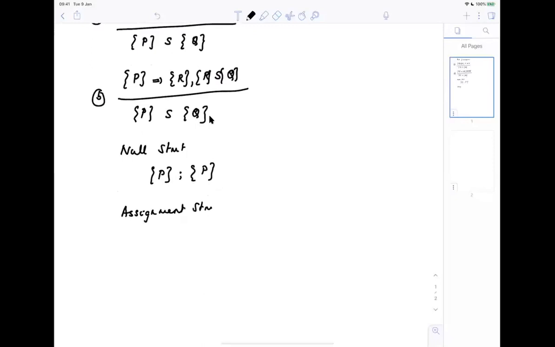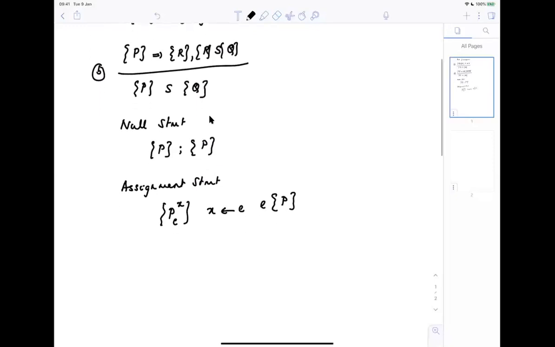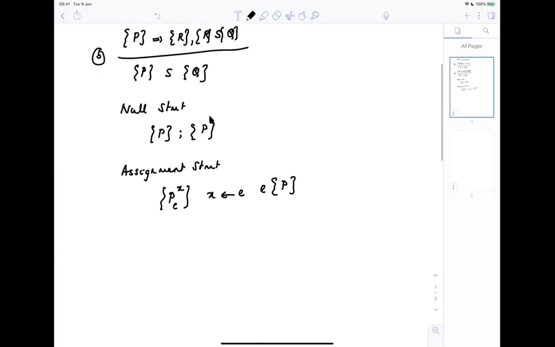where we said P, E, X is the assertion which is true before the execution of the assignment, where E is an expression. Then we can conclude that assertion P with respect to E is still true after the execution of the assignment.